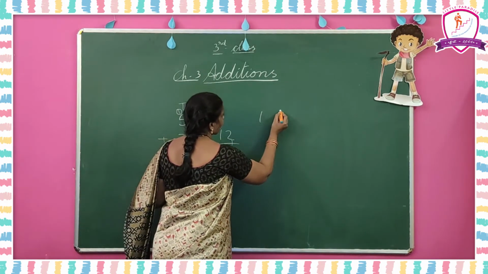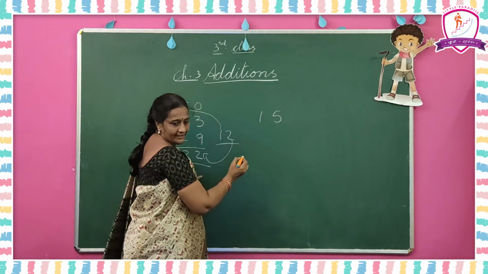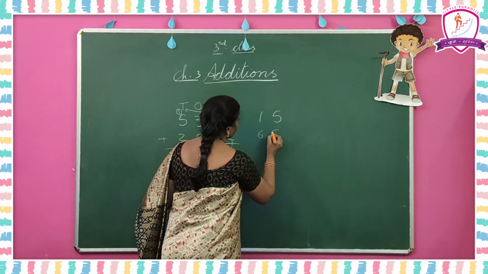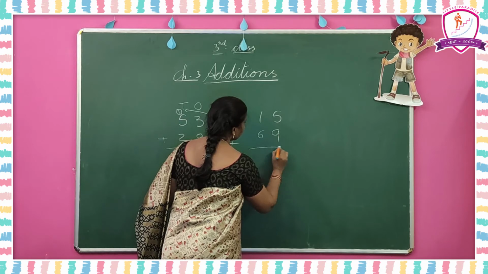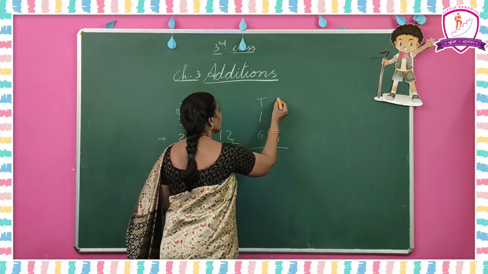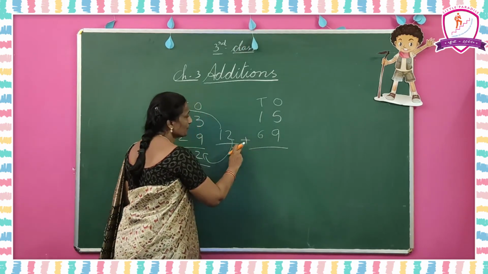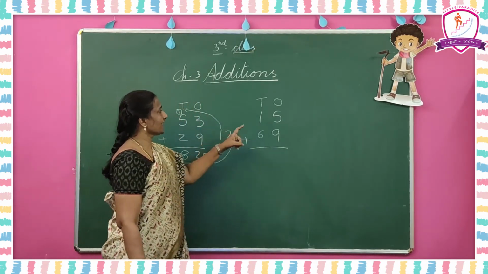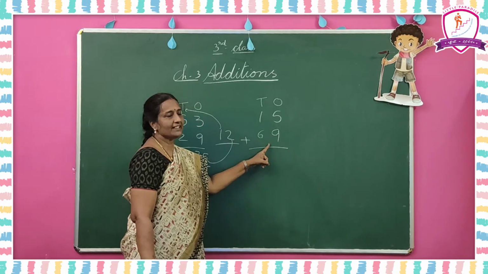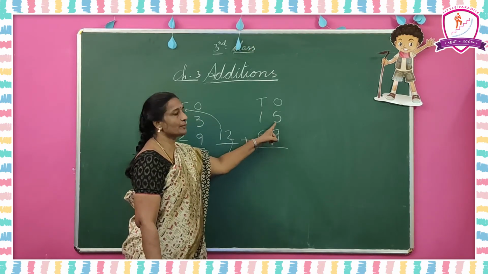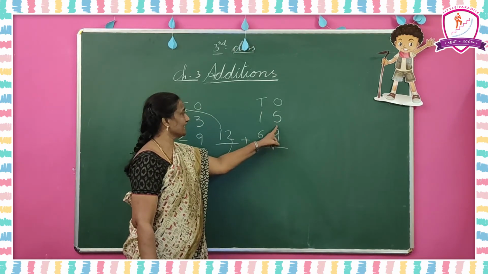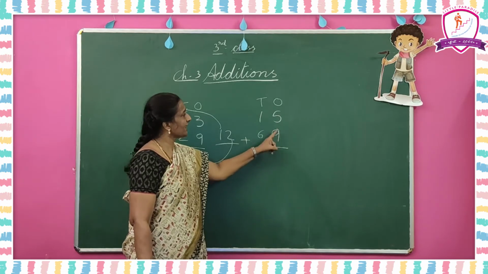How to add 15 and 69. This is tens place and this is ones place. Okay, this is addition. So put plus symbol here. Okay, now add ones column. In ones column how many ones are there? 5 ones. And here 9 ones.